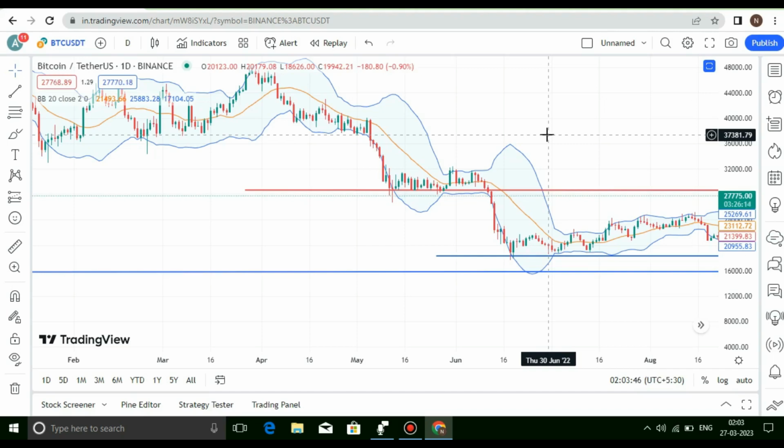If according to the other indicators the market is overbought, then the breakout may happen in the downward direction, because if the market is overbought, a huge amount of selling can happen.